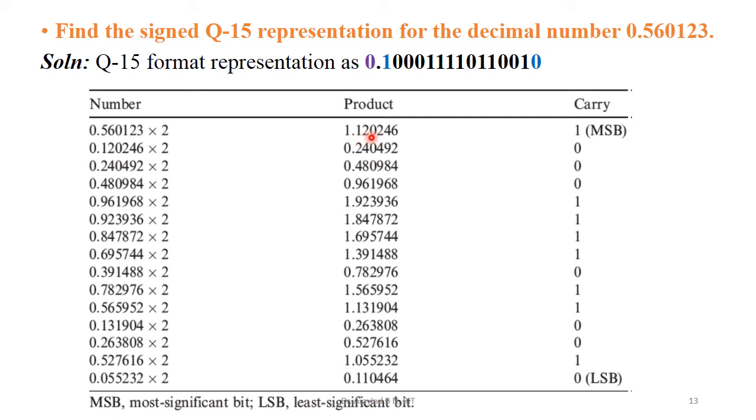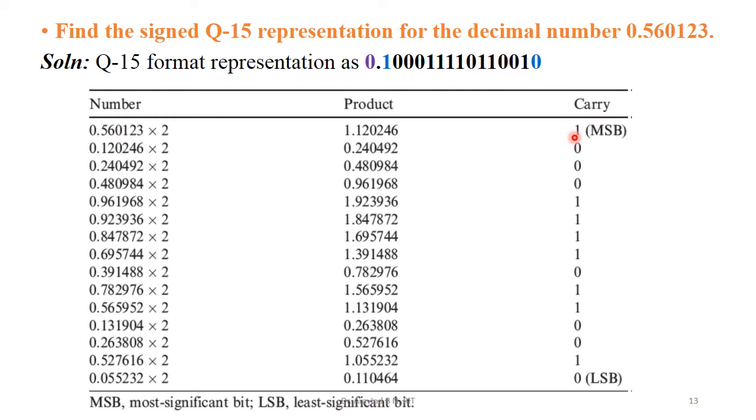Continuation. After the decimal point, whatever value we have, you take that value. That is 0.120246, multiplied by 2, we get this as the answer. The carry bit is equal to 0, and that has been noted over here, and that is the next bit of the representation. Similarly, we are going to make 15 calculations, and in each of them we just note down the carry, and those carry values are what is represented over here.